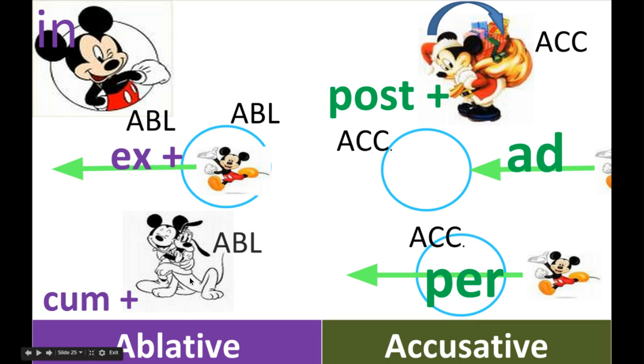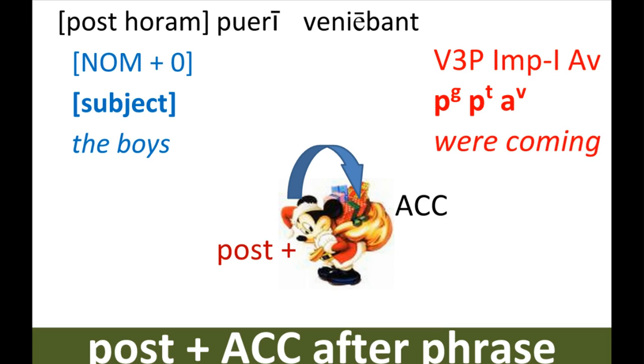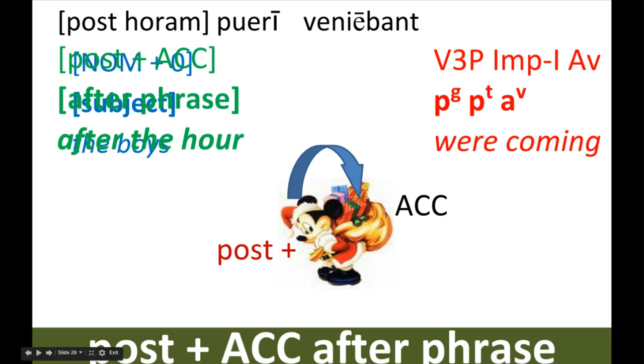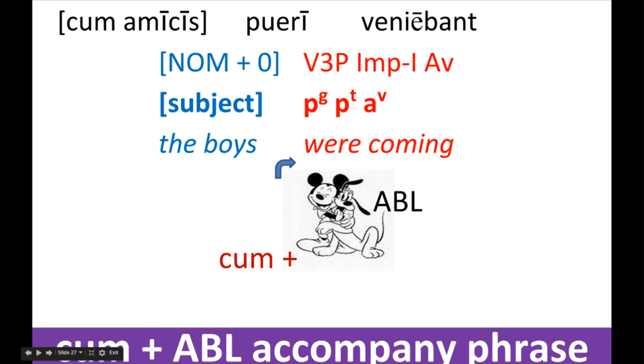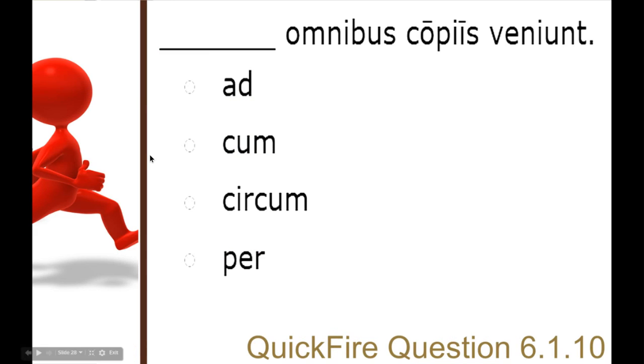And cum plus ablative is an accompaniment phrase translated oftentimes as with. Now, post can mean behind or after. So after the hour, the boys were coming. The boys were coming, cum plus ablative accompaniment phrase, with their friends.